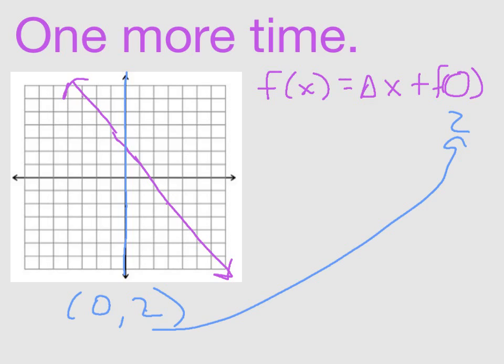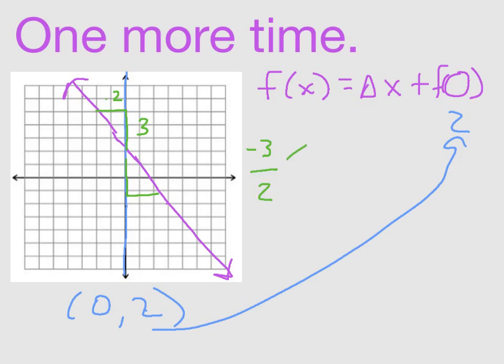So starting here, on this one, it appears that I am going up 3 and backwards 2. And if I double check that on the other side, I'm going down 3 and 2. So I have a slope that says, because we do rise over run, I am going down 3 and over 2.